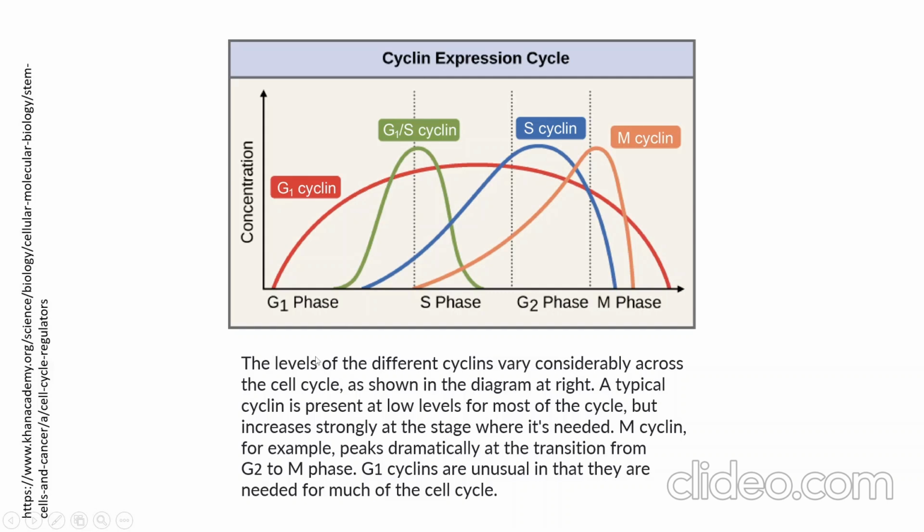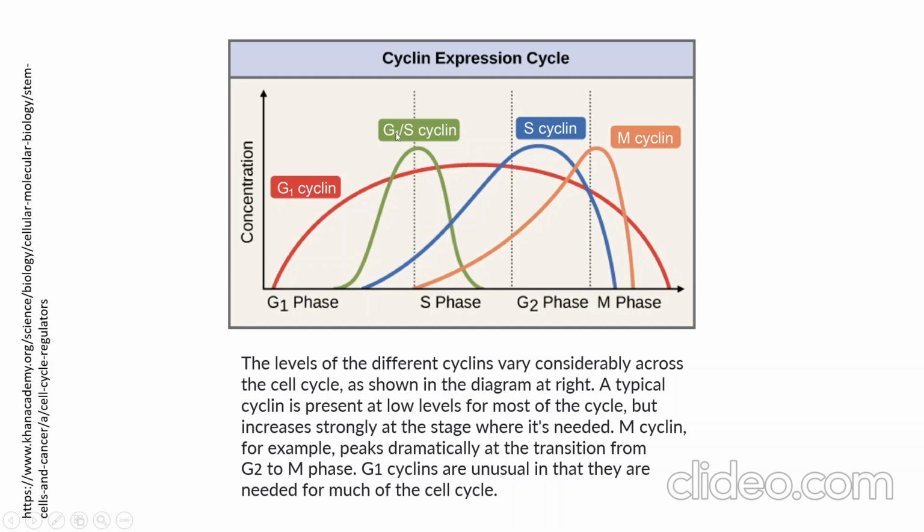So the levels of the different cyclins that we know, you can see how they are varying a lot across the cell cycle, right? A typical cyclin is present at low levels for most of the cell cycle, and when it is needed, for instance here for the G1 to S phase transition, you need a cyclin at that point.